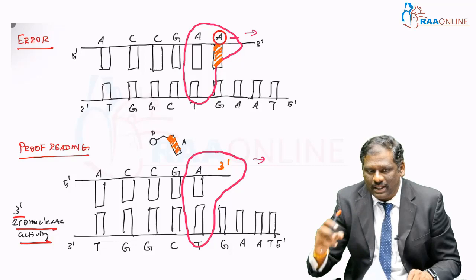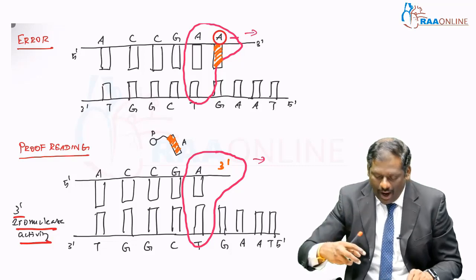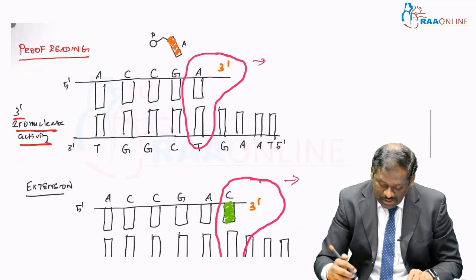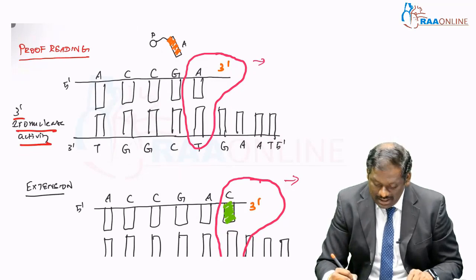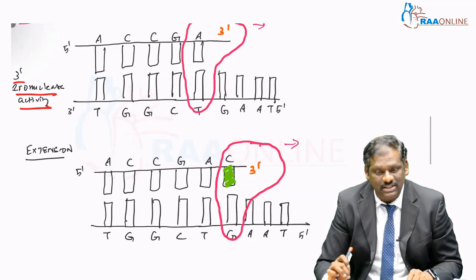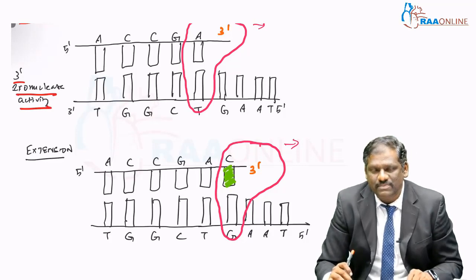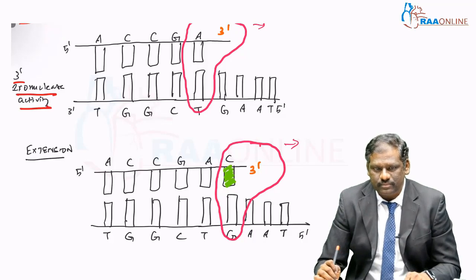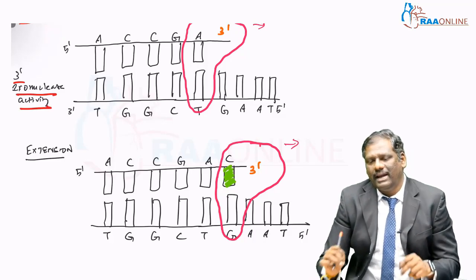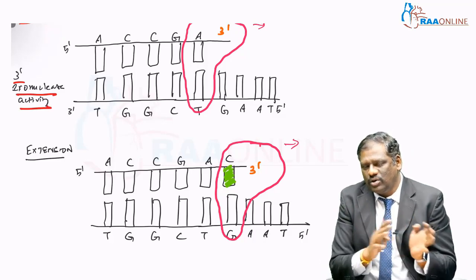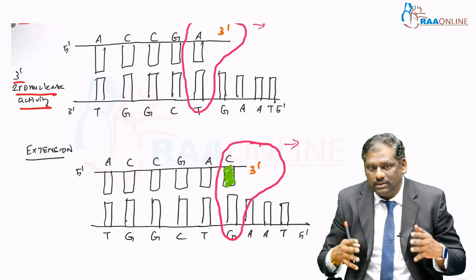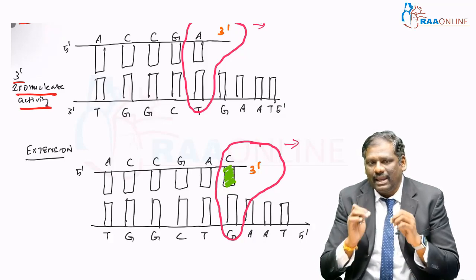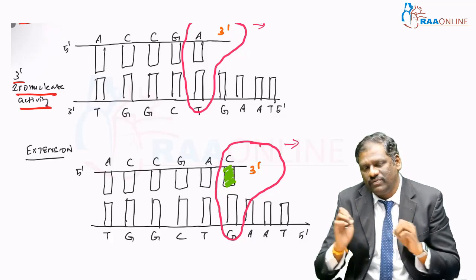It tries to remove that A, and after removing that, it recruits the original C here, which base pairs with the G. Okay. So, in this way, the proofreading is being efficiently carried out by DNA polymerase. By this kind of simultaneous cross checking after the replication, the error rate can be reduced further.